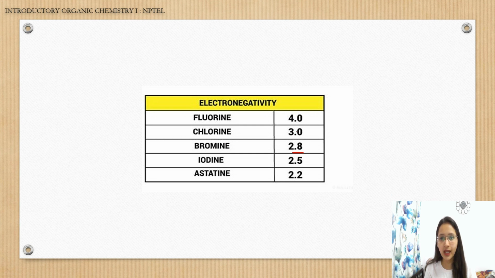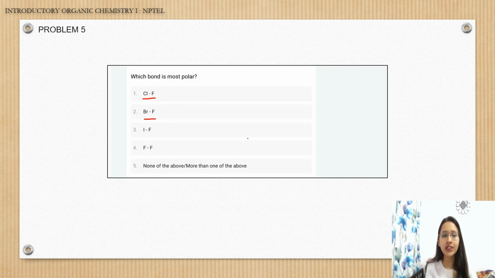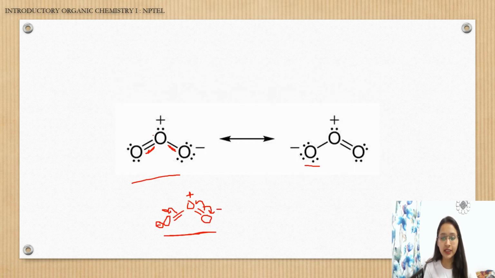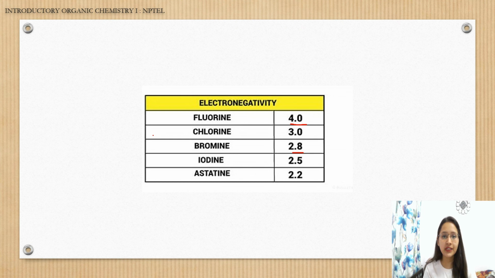But when you come to the second option, bromine, the electronegativity difference between bromine and fluorine is higher than between fluorine and chlorine. So it is more polar than the fluorine-chlorine bond, but it is not yet as polar as the iodine-fluorine bond, because there is a much larger electronegativity difference between fluorine and iodine.